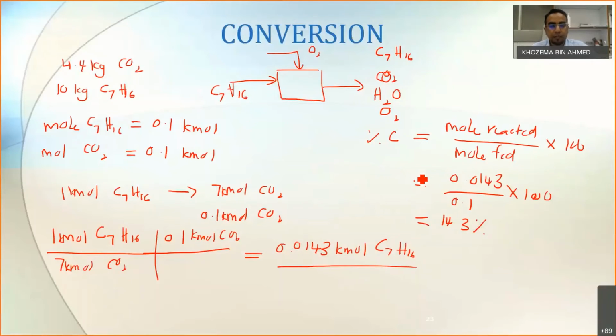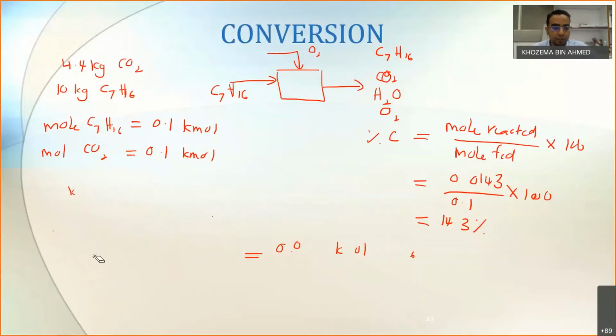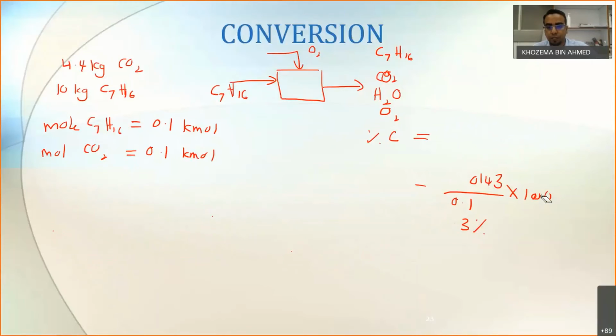The second way is that you can use your extent of reaction. If you are using extent of reaction, you have to find the actual extent of reaction divided by the maximum or theoretical extent of reaction. First we have to know the actual extent of reaction.